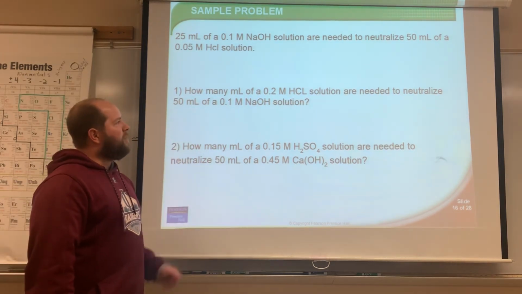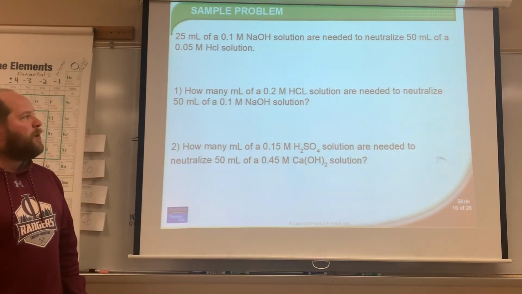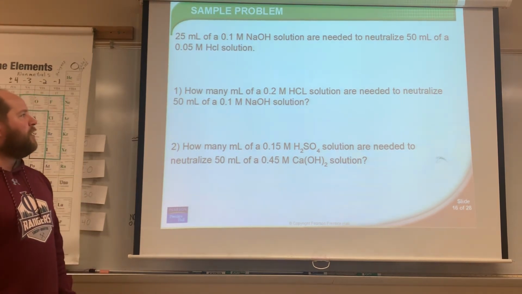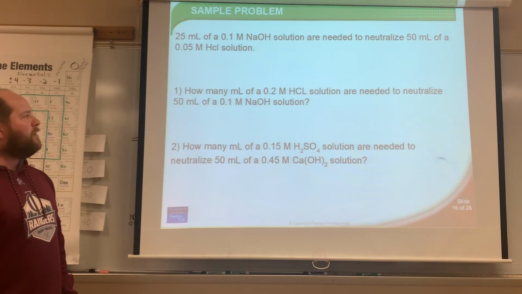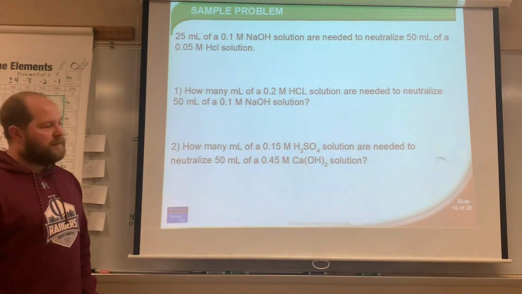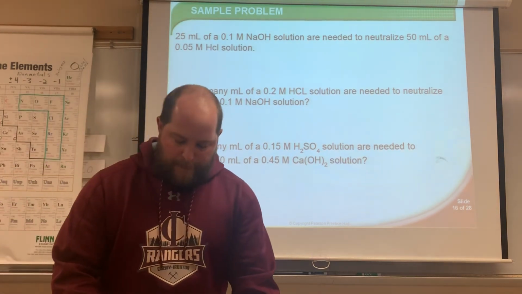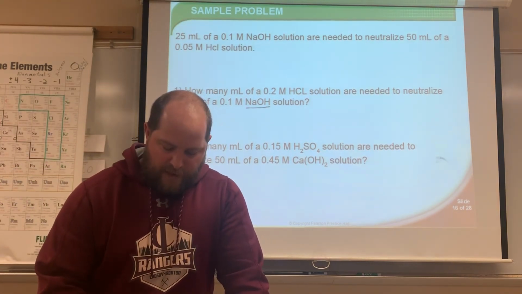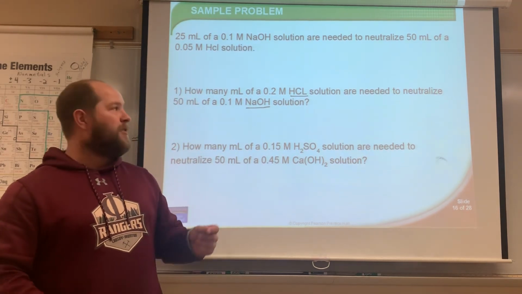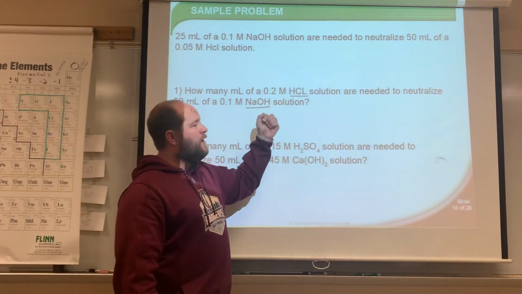It's asking us how many milliliters of a 0.2 molar HCl solution are needed to neutralize 50 milliliters of a 0.1 molar sodium hydroxide solution. Okay, this one I can see will be 1-to-1. If you were to write out the equation, you'll see that it's just going to be a nice 1-to-1.